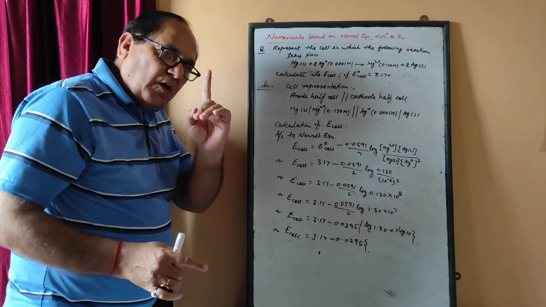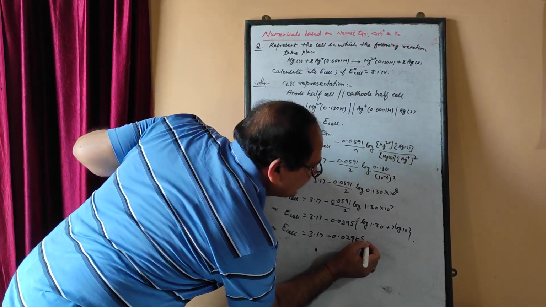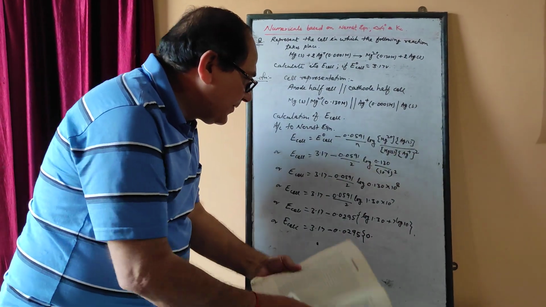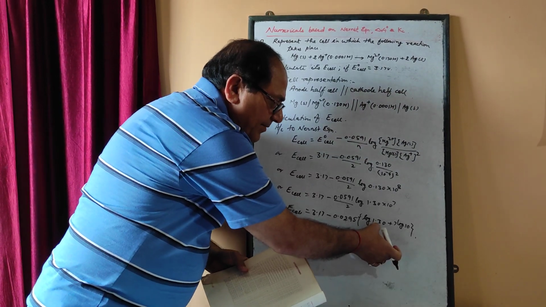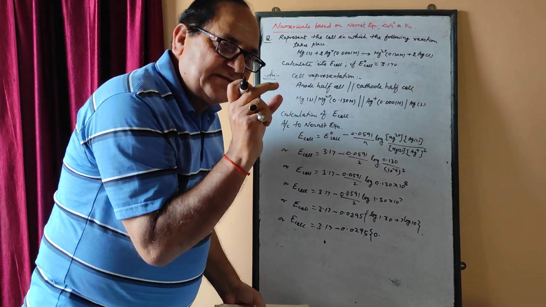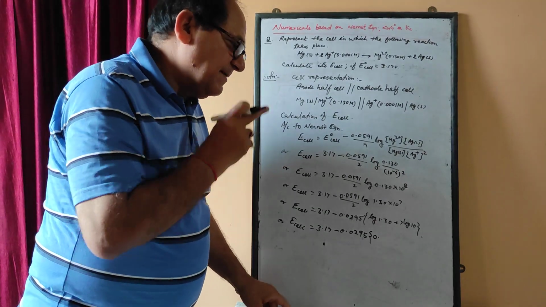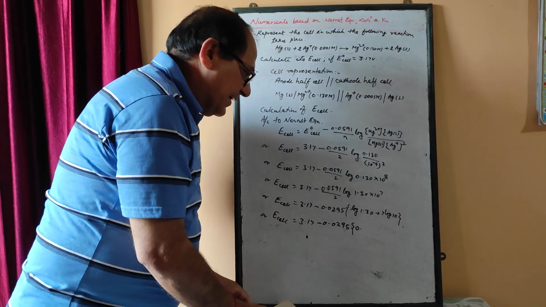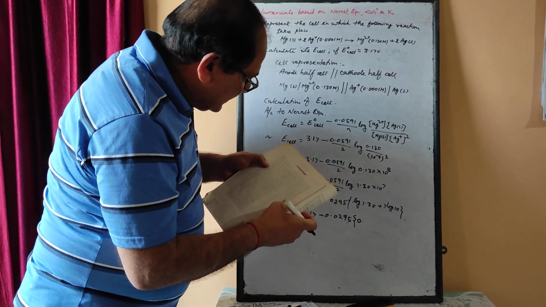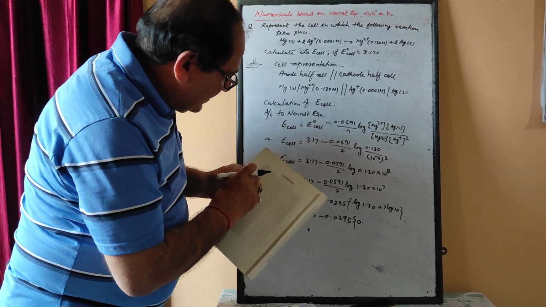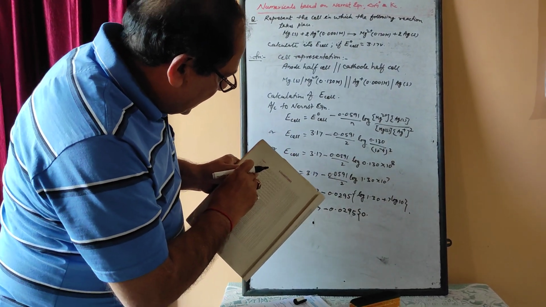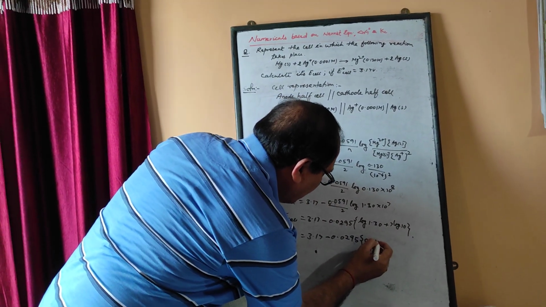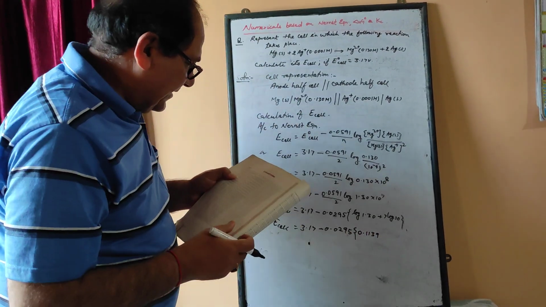Before the decimal it is 1 digit, so write 1 less, that is 0 point. Then see the log table: 13, column number 0. The first 2 digits you look up in the row, the third digit in the column, and the fourth digit is the mean difference. So here this is 13 and the column number is 0, so it is 0.1139.